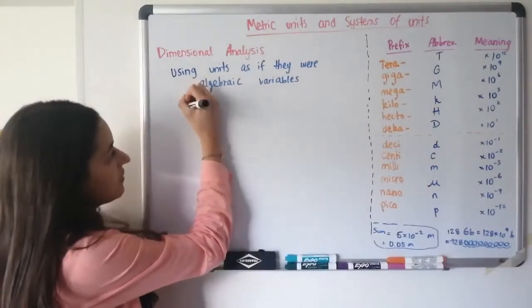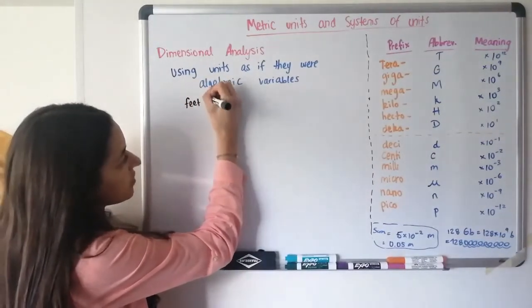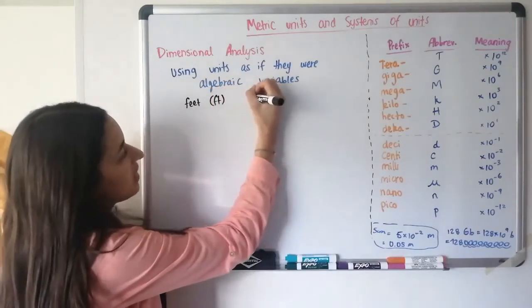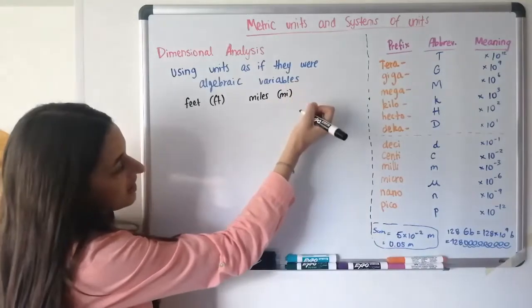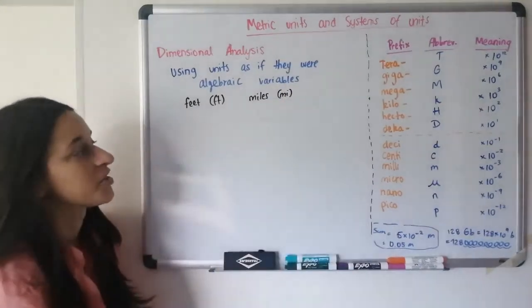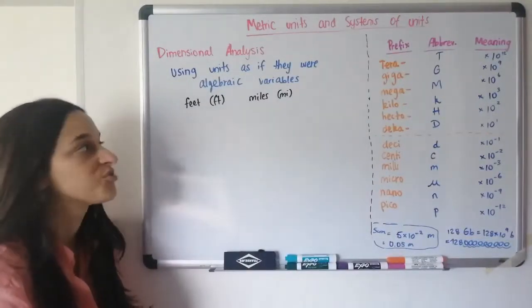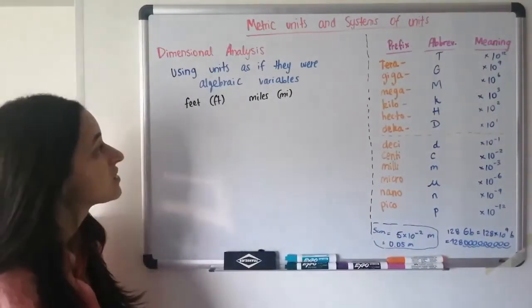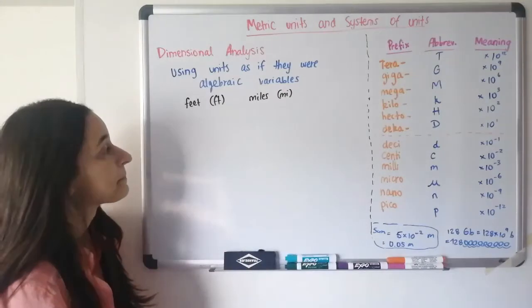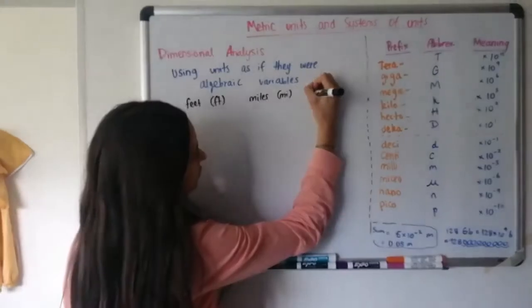Those are feet, written FT, and miles mostly. Miles, MI. Remember that only M is meters. If you put M, I'm going to think you're talking about meters instead of miles. And inches, of course.